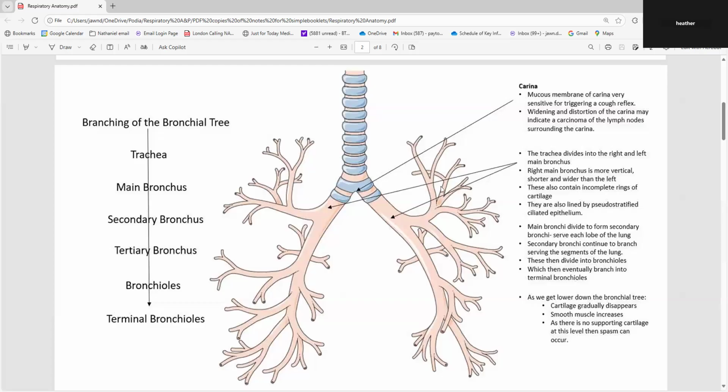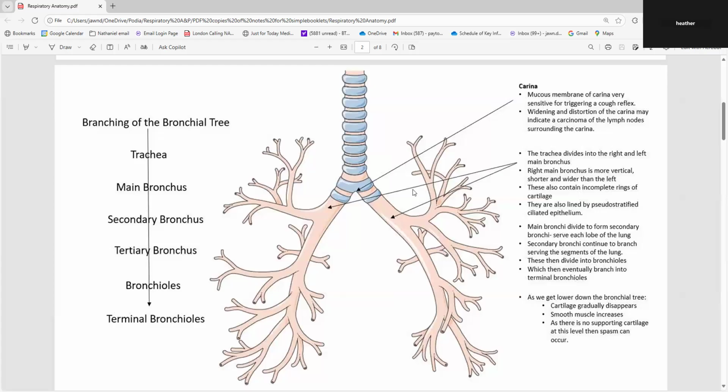Here we've got the left upper lobe and left lower lobe. Sometimes you'll hear reference to the lingular lobe in the left lung. It's not a lobe as such, it's kind of an offshoot of the lung, but just remember 3 on the right, 2 on the left.